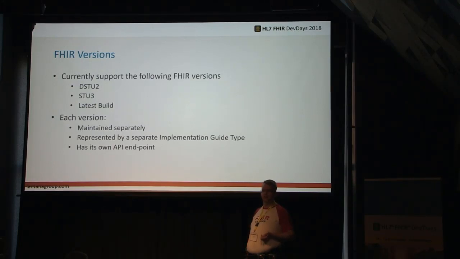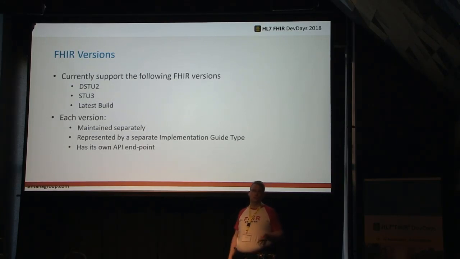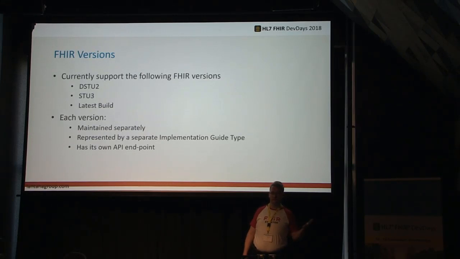It's not a small amount of work to support multiple versions simultaneously, given that they don't play that nicely together, but there's an increasing number of IG publishers that need to say, here's how you do it with STU2, here's how you do it with STU3, here's how you do it with R4, because we're moving into a world where different implementers support different versions, and you need to be able to give them all guidance in terms of how to talk to your product.